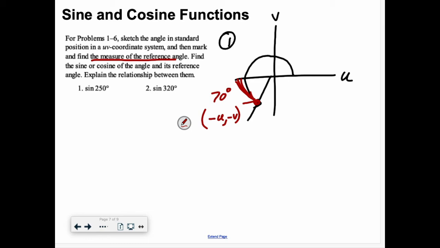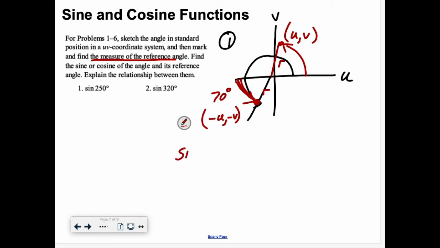Well, the reference angle is going to be up here at 70 degrees. And that's going to be at the point u, comma, v. So I'm going to have the same idea between them. Oh, that's an r. This length is an r.